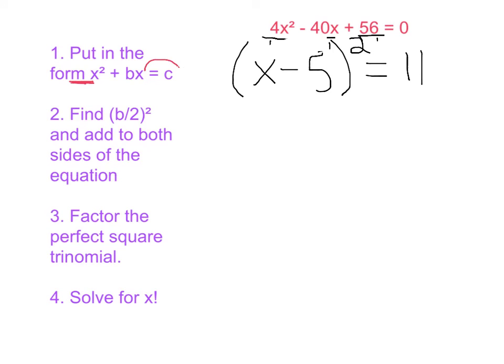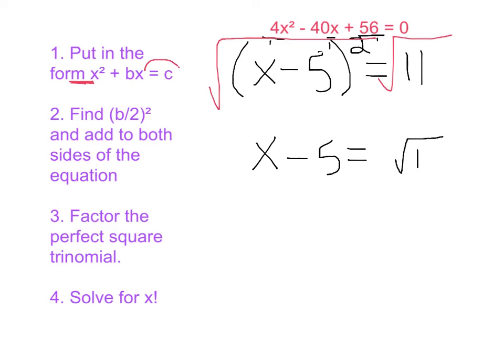To solve for x, we have to do inverse operations, and since we have a binomial squared, we have to undo that by square rooting both sides. When you square root the binomial, it just undoes the squared, leaves you with x minus 5 equals. Now the square root of 11 is not a perfect square, so instead of getting a long decimal, we're going to leave it as the square root of 11.